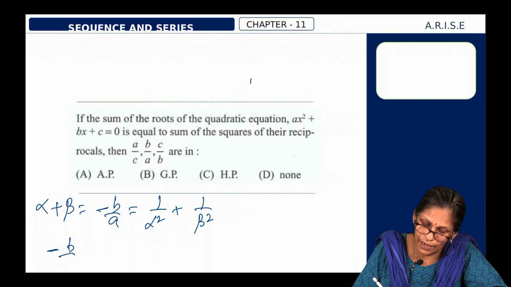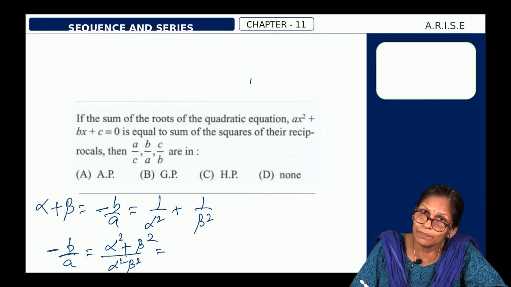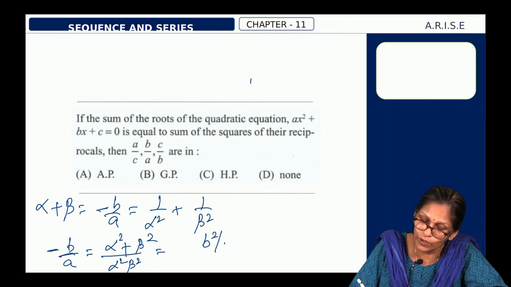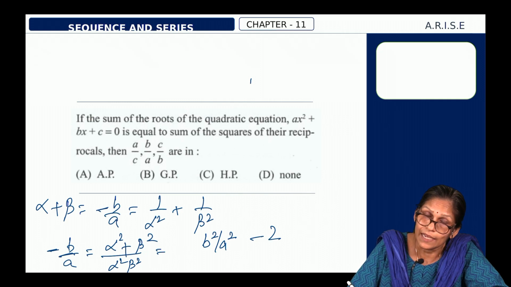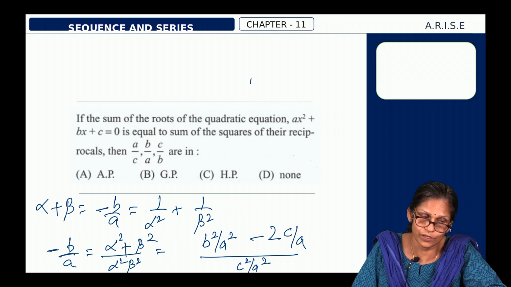That is alpha squared plus beta squared by alpha squared beta squared. Isn't that alpha plus beta the whole squared, that is minus b by a the whole squared, minus 2 times c by a, divided by alpha squared beta squared, isn't that c squared by a squared?